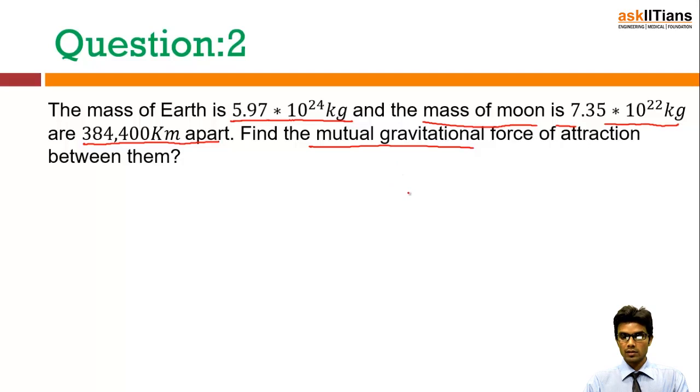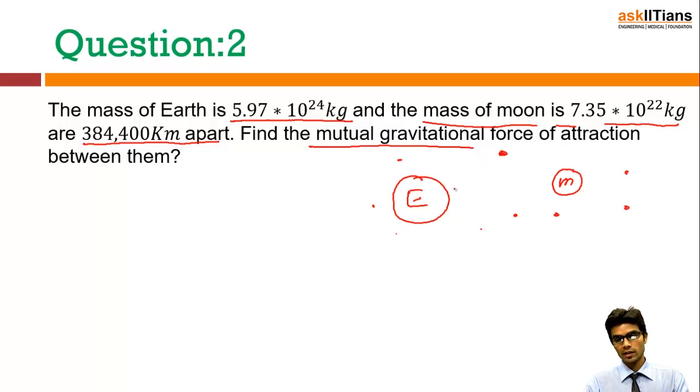Since gravitation is an infinite range force, let us consider this is the earth and this is the moon, and there are also many other planets in this solar system. They also apply force between this planet and this earth, planet and moon.